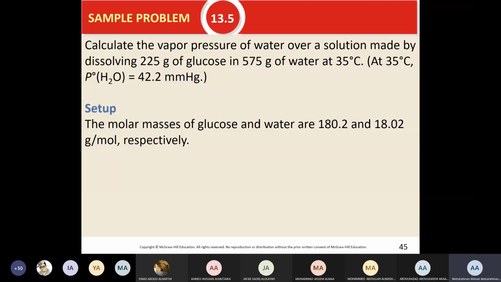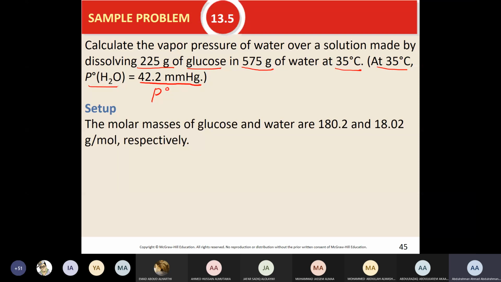Calculate the vapor pressure of water over a solution made by dissolving 225 grams of glucose in 575 grams of water at 35 degrees C. The vapor pressure of water at 35 degrees C is 42.2 millimeter Hg. So this is P1 zero.